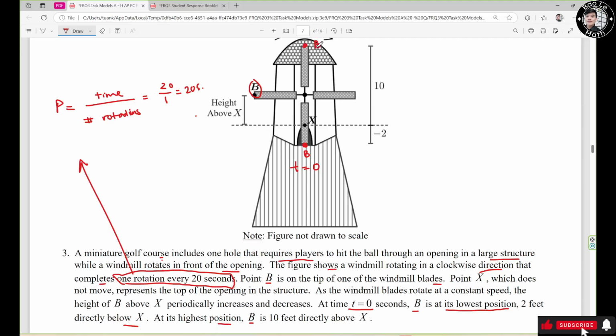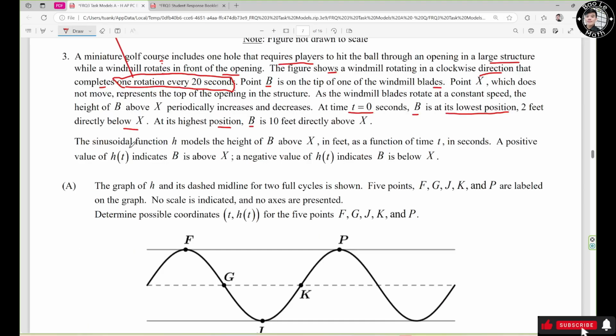Point B goes over here. The sinusoidal function h models the height of B above S in feet as a function of t in seconds. A positive value of h of t indicates B is above S, and negative values of h of t indicate B is below S, right?